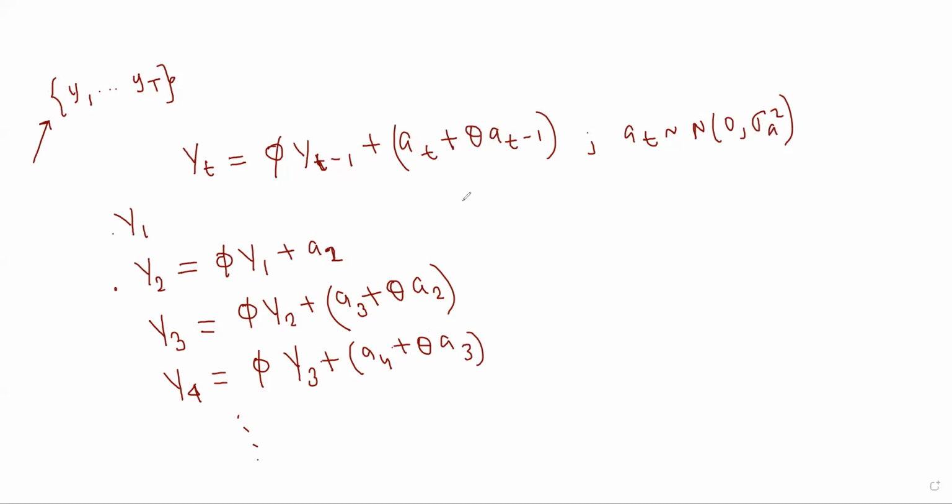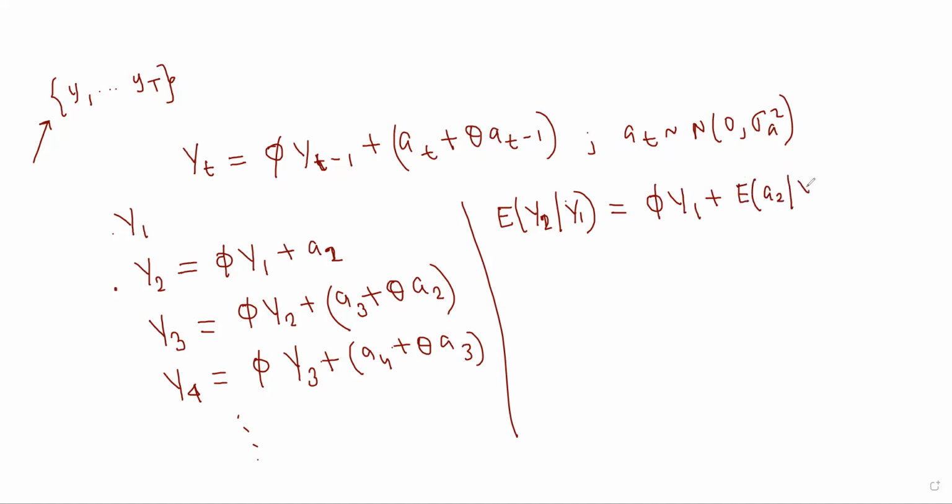So we are going to proceed exactly in the same manner. What is the expectation of Y2 given its past, which is Y1? Tell me, what is it? It's simply phi Y1 plus the expectation of A2 given Y1.